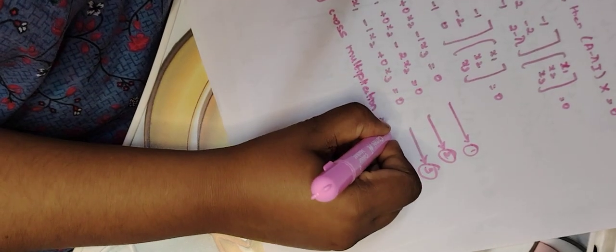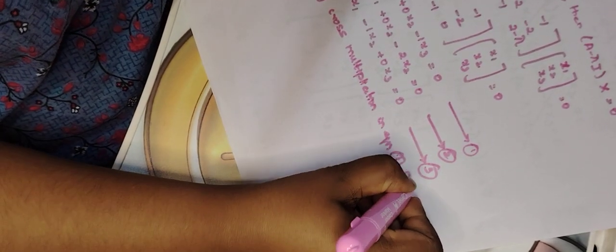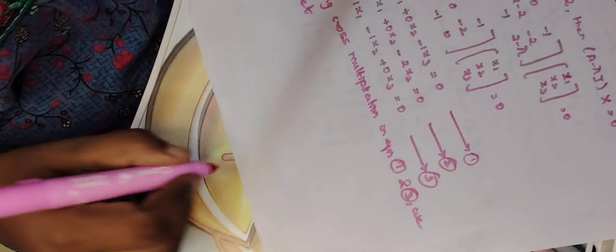So using cross multiplication in equations 1 and 3, first I'll write the coefficients here.